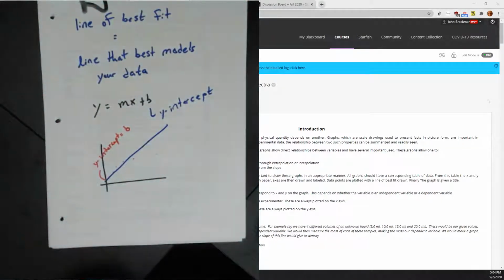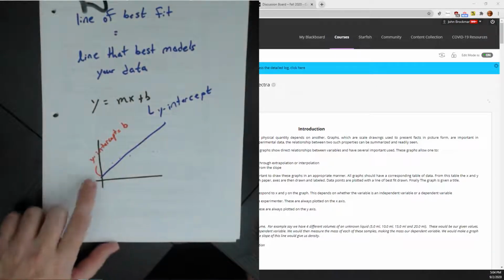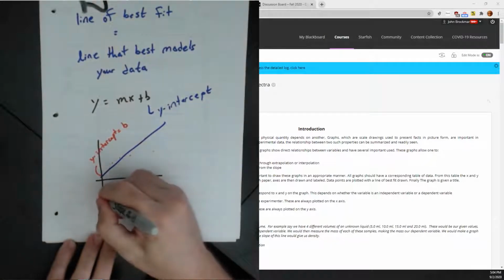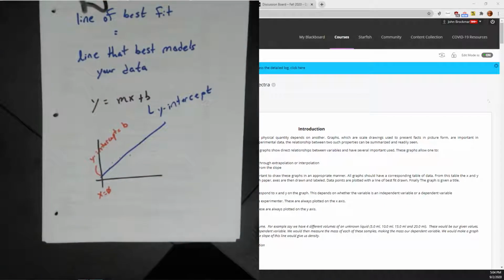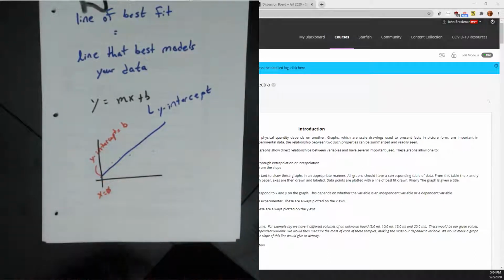The y value of that point where it intersects the y-axis. Obviously, it has to be where x equals 0. If x doesn't equal 0 at that point, then that's not the y-intercept. So be careful about that. x has to be equal to 0, otherwise it's not the y-axis. It's just the line on the far left side of your graph.